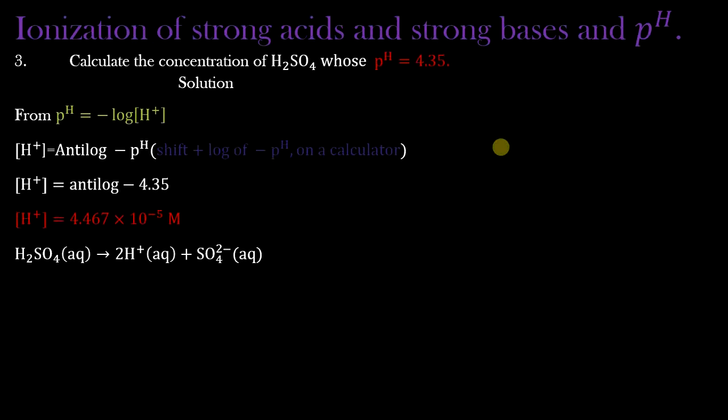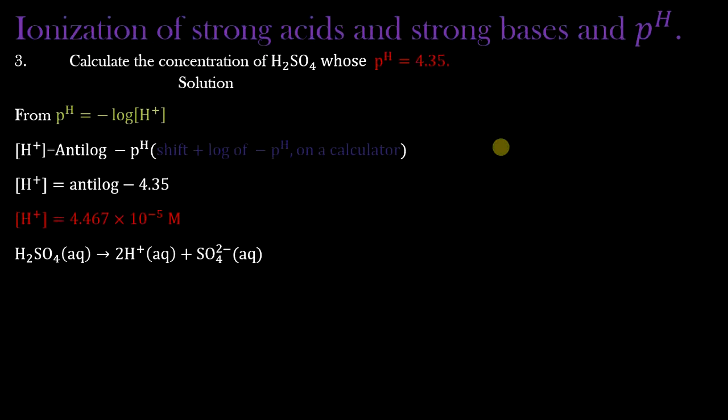Then from that point we can write the equation for dissociation of sulfuric acid, producing 2 moles of hydrogen ions plus 1 mole of sulfate ions. Now, since we know the molar concentration of hydrogen ions, we are going to relate the ratio of hydrogen ions in the equation to the one of sulfuric acid.